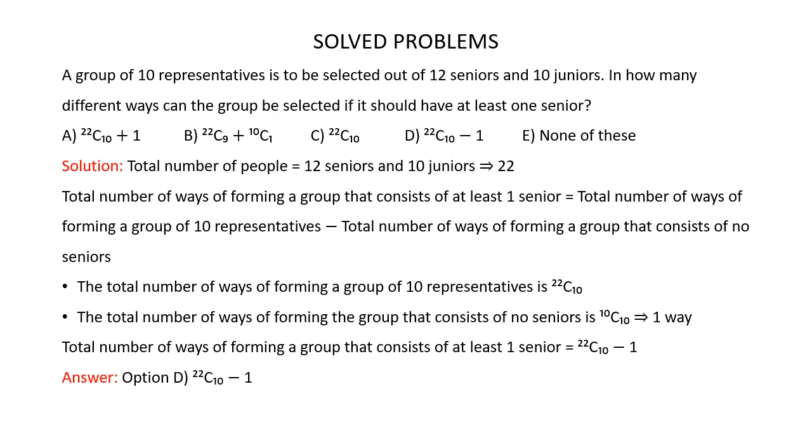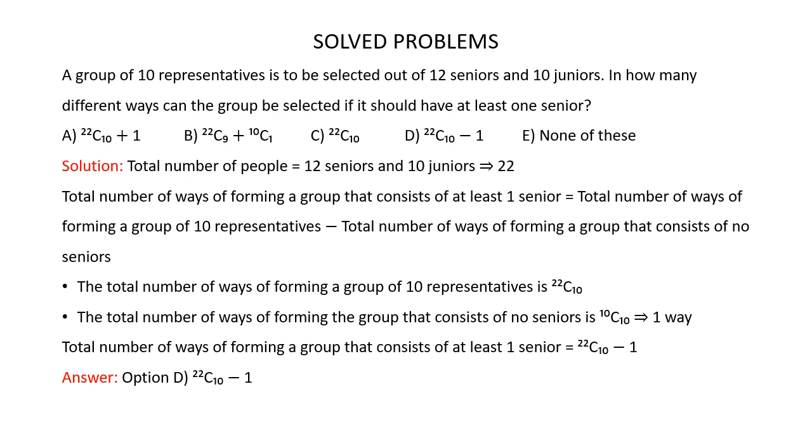Now total number of ways of forming a group of 10 representatives includes both seniors and juniors. The total number of ways of forming a group that consists of no seniors means this group consists of only juniors. So seniors plus juniors minus juniors will give us seniors.